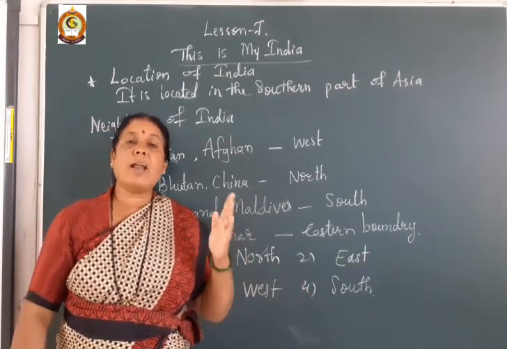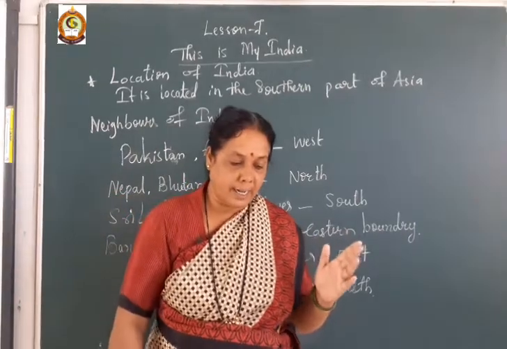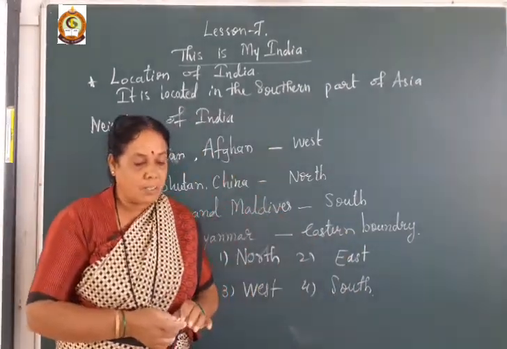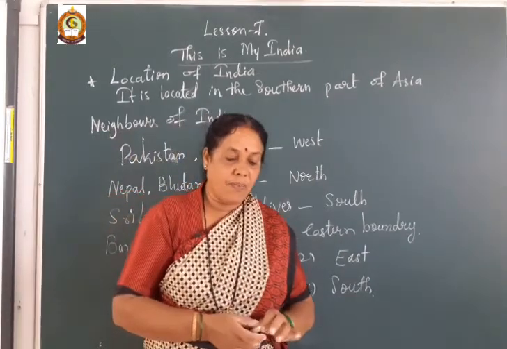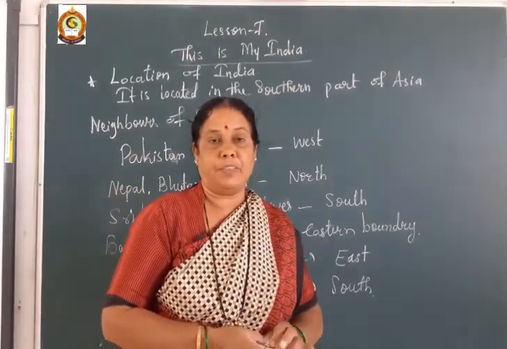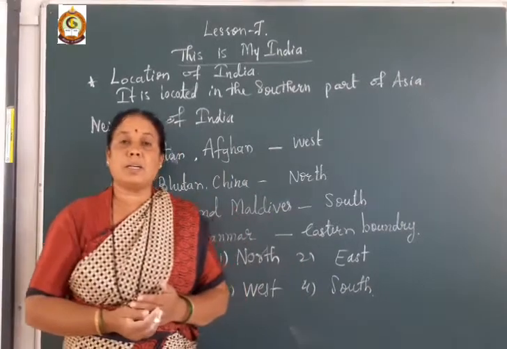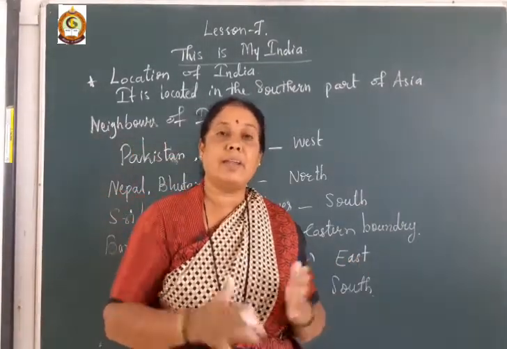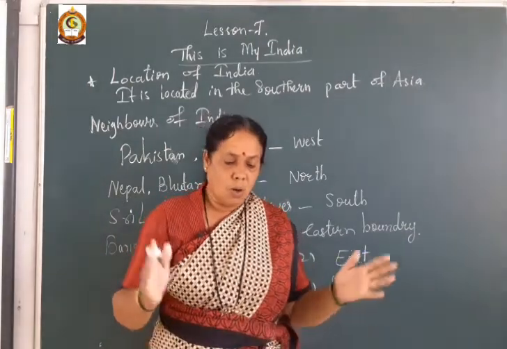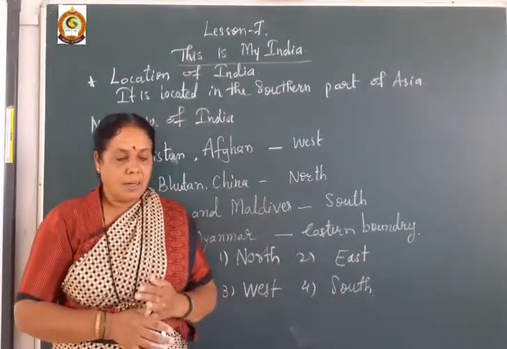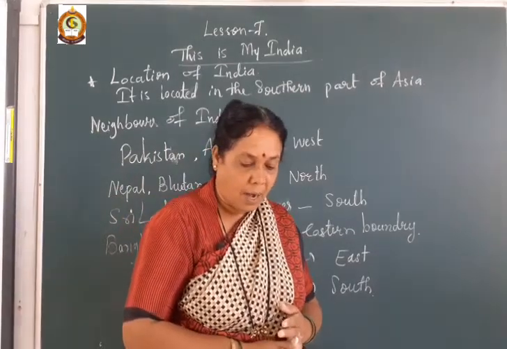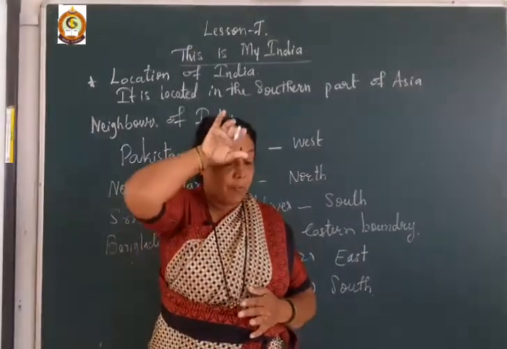Understand, India is a land of variety, and people in different parts of India have different ways of living. India is a vast country, a big country. So India has 29 states. All over India, people in different parts of the country have different ways of living.